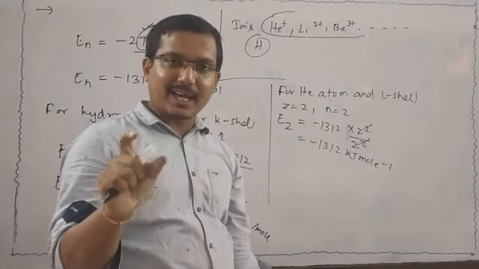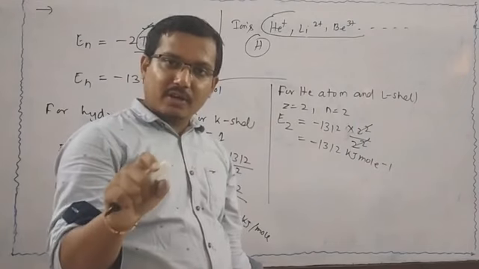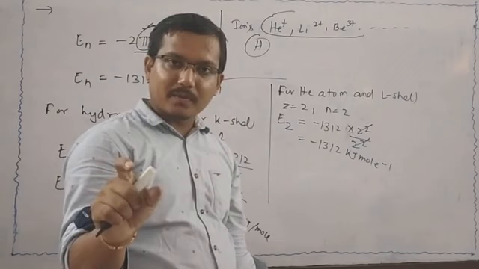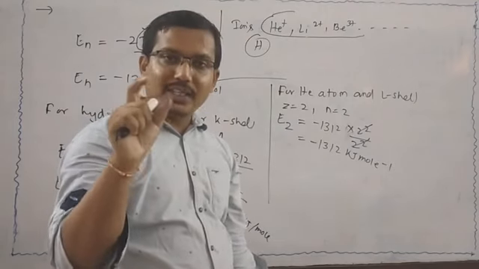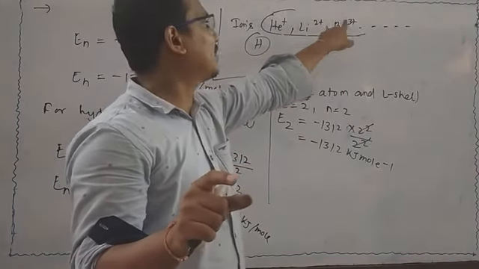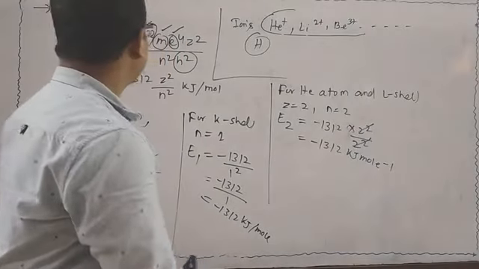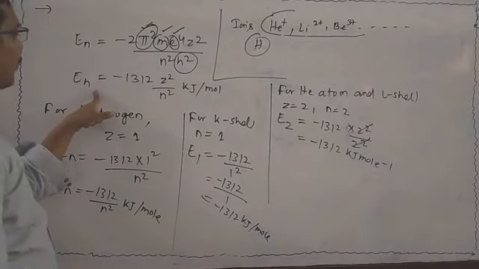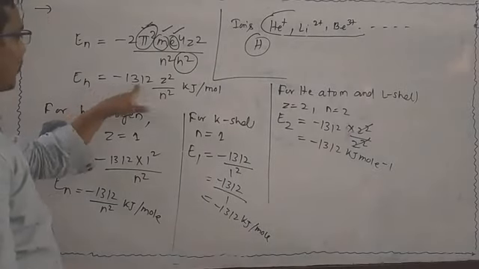Remember, write a general expression for the hydrogen atom or hydrogen-like ions such as He⁺. This is the general expression for the hydrogen atom and hydrogen-like ions He⁺, Li²⁺, Be³⁺.